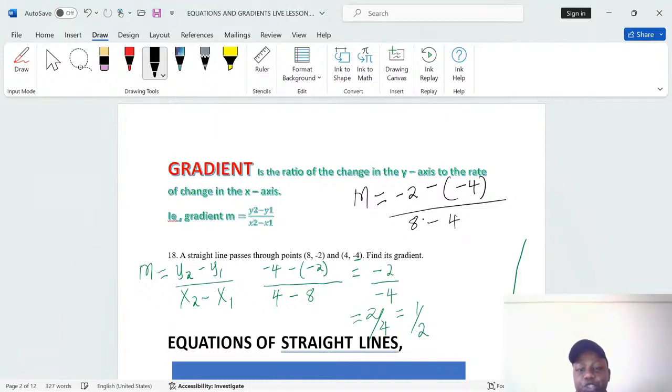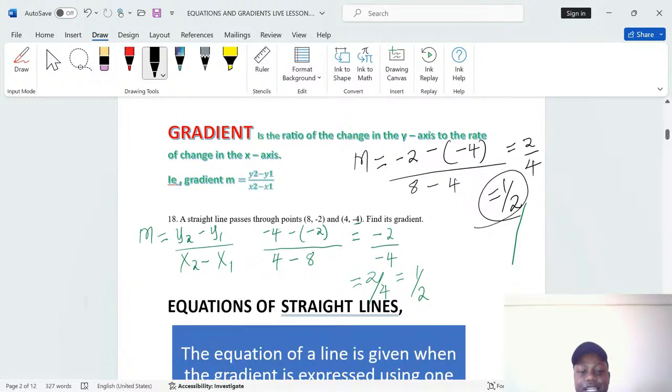Therefore, this will be -2 minus -4, which becomes -2 plus 4, making it +2 out of 8 minus 4, which is 4. And this again simplifies to half. Therefore, we are getting half regardless of the coordinate that we start with. So in either way, we are getting the gradient being correct.